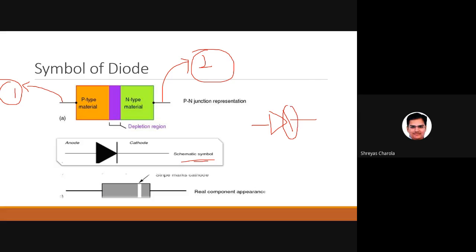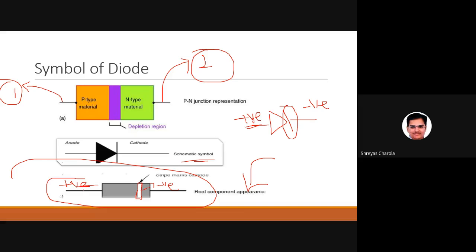This line indicates the negative terminal, and the side without the line is the positive terminal. If you look at the physical real component, the line which has a gray color indicates the negative terminal, and the other is the positive terminal.